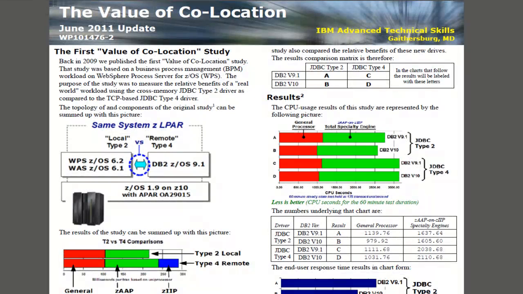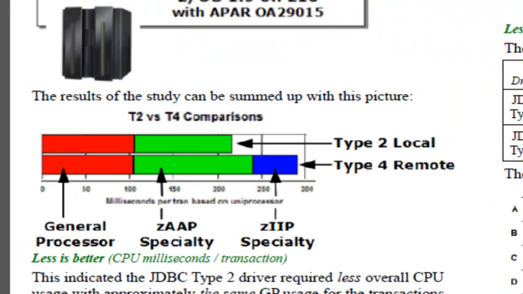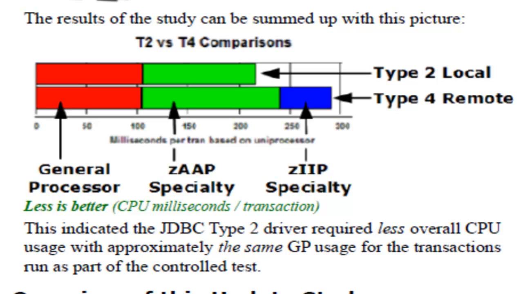In that WP101476 update tech doc, there is a picture on page 1 that shows the results of the measurement of type 2 local versus type 4 remote for this particular workload. The red bar shows the GP usage, type 2 versus type 4, and you'll notice it's essentially the same.